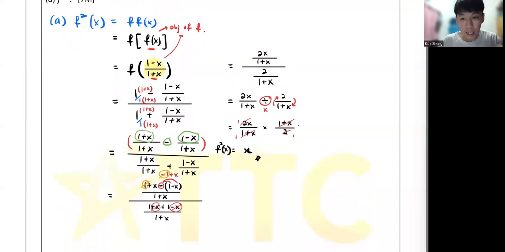After you get the f squared x here, the answer is x, right? This answer is quite useful for you to settle the rest of the question. After you find the x, you have a similar answer also for some of the composites, which means this one, this is f power 2, right?